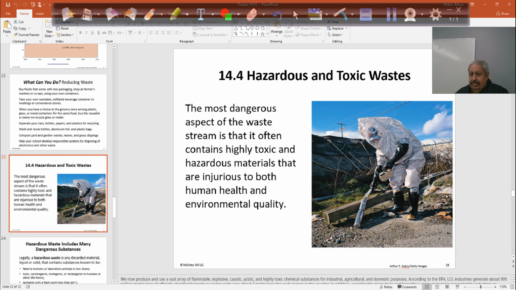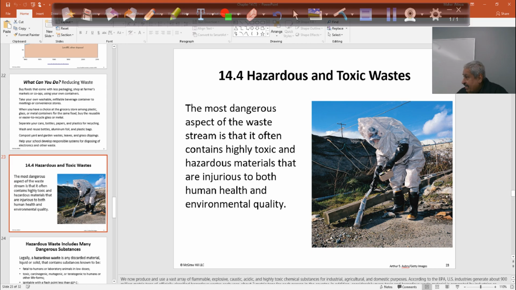Hazardous and toxic waste. As I said, one of the worst scenarios is nuclear waste. That's the most difficult part of all the waste we know. We can't dump it in the air, we can't dump it in the ocean. It has to be put in a special container, most of the time made of lead, to prevent any leakage of radiation, and kept underground with the hope nothing will happen to that part of the land in the country.